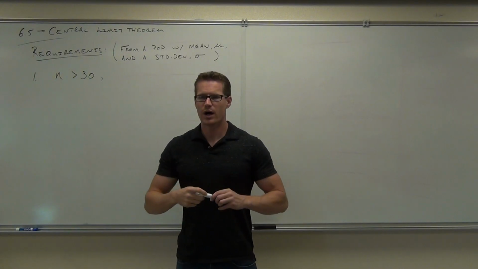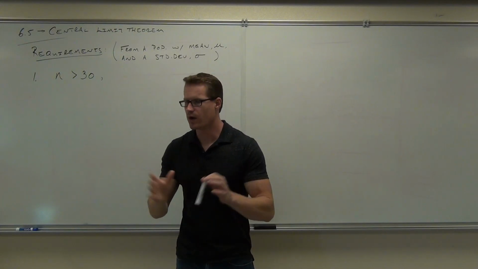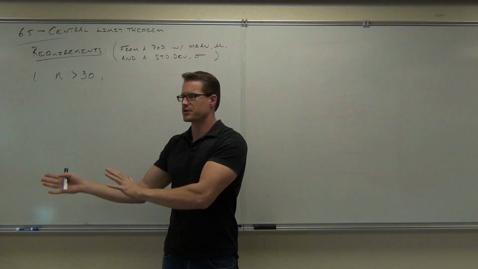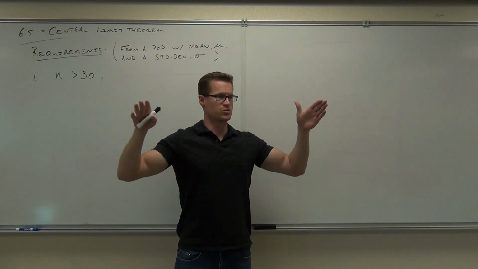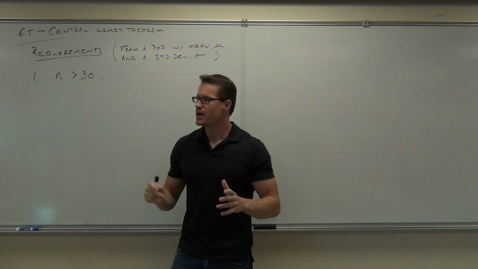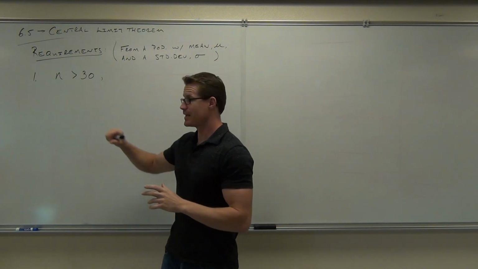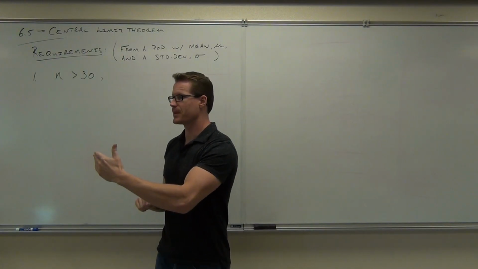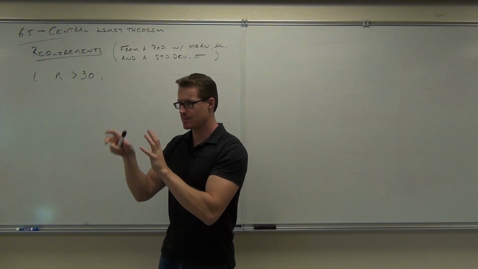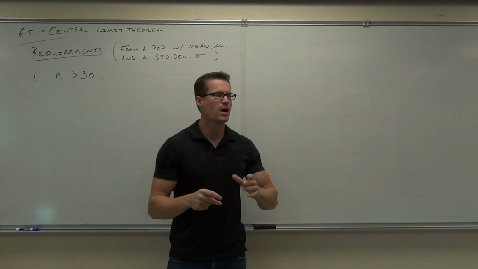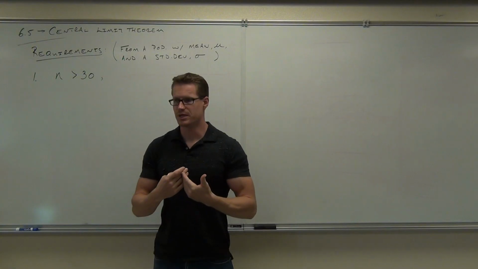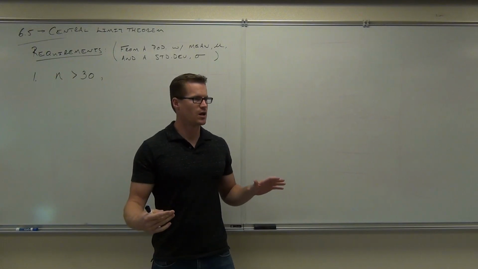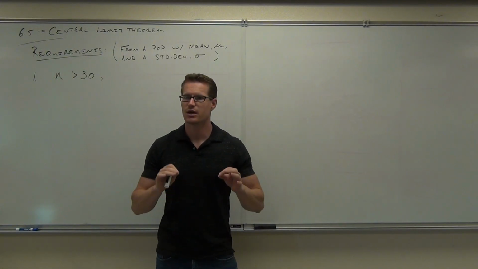It says no matter what the population looks like, whether it's uniform, skewed to the left, skewed to the right, normal, a U-shaped distribution, no matter what the population is, if you take samples of at least 31, so greater than 30, and you find the averages for every different sample and organize those, the distribution will be normal. That's a pretty big statement. It says no matter what your population looks like, the distribution of sample means is definitely going to be normal.